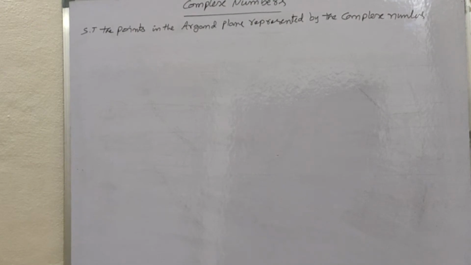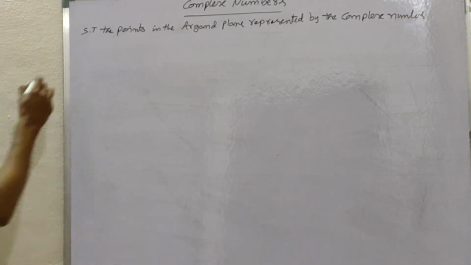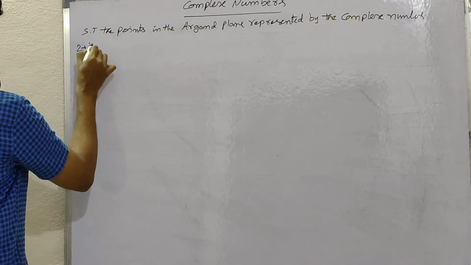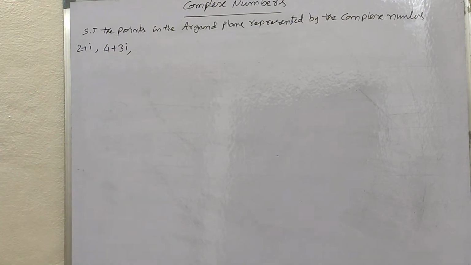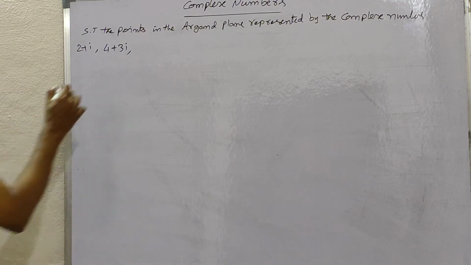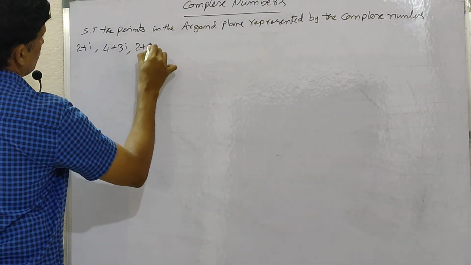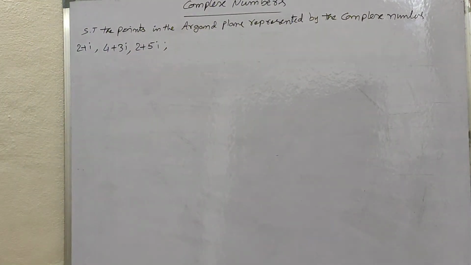Here the complex numbers are 2 plus i, 4 plus 3i, 2 plus 5i, and the fourth one is 3i.